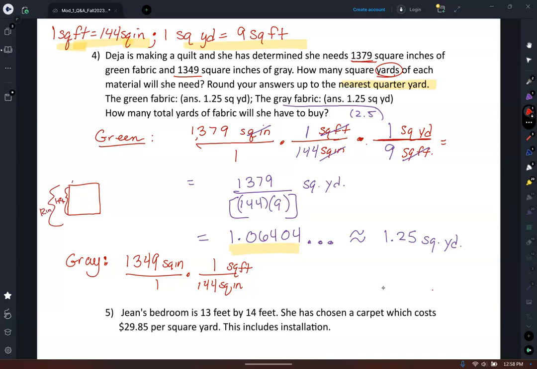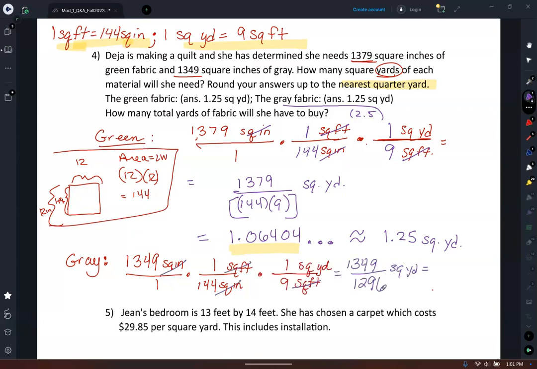So when I'm talking about square units, I would have 12 by 12 equals the 144 because area is length times width. So just a little aside there on why that is. And then it follows suit for the yards too.